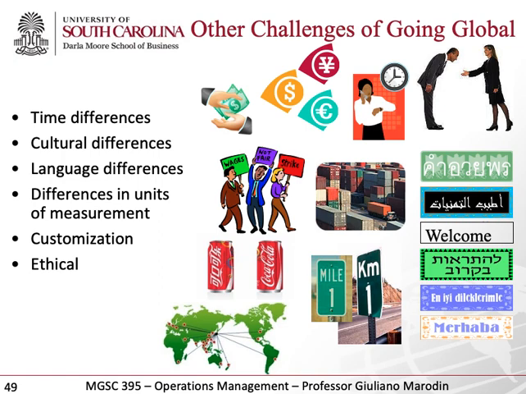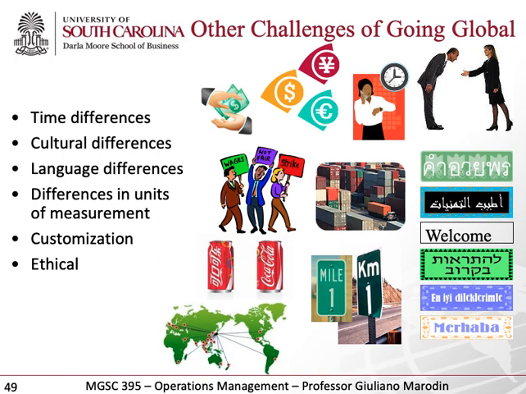Differences in units of measure. I don't know why the rest of the world insists on having a metric system. I know we should make everyone use either your system or our system, but that could also cause some problems. Then customization to different markets, ethical standards, and all that.